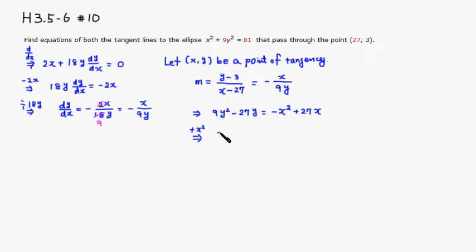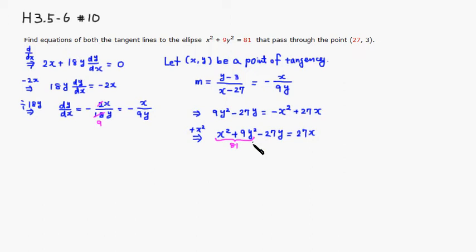Then you get x squared plus 9y squared minus 27y equals 27x. Since the point x comma y is on the ellipse, it satisfies the equation, so x squared plus 9y squared is exactly equal to 81.